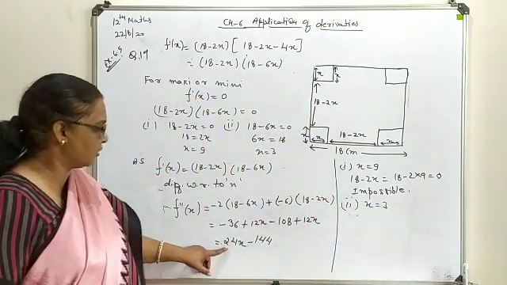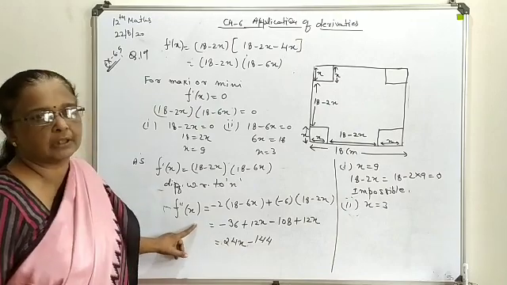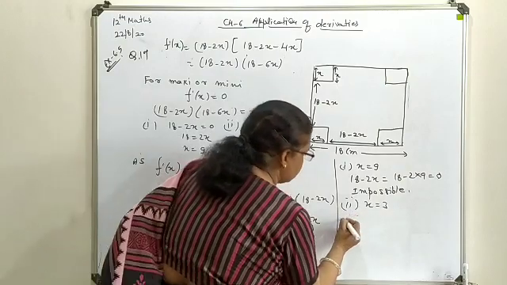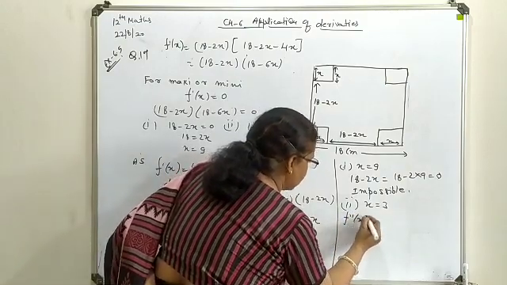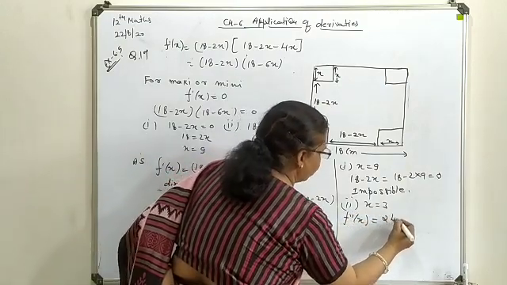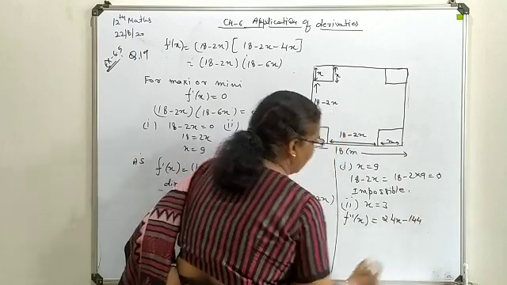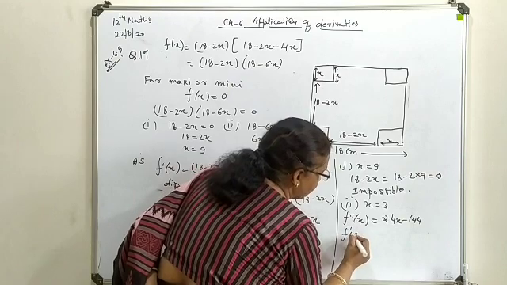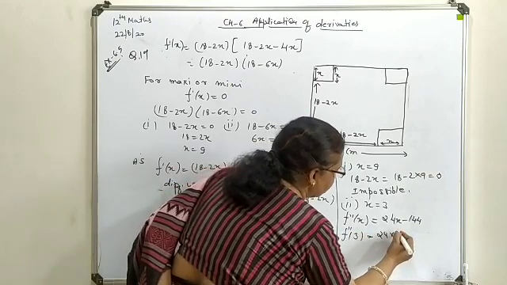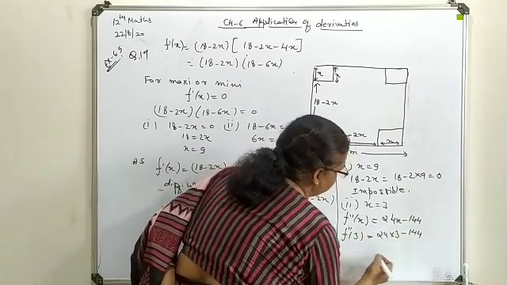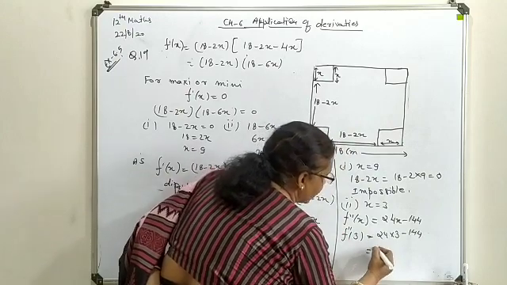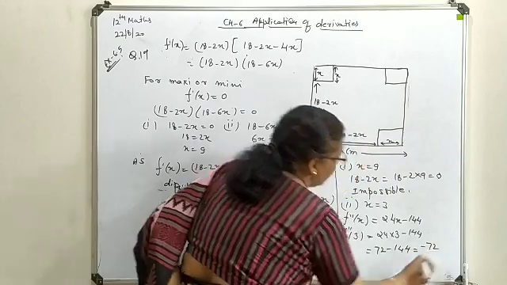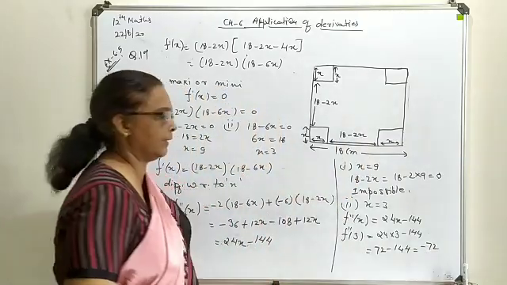Now here on substitution of 3 we will check whether this will give you a positive solution or not. So here f double dash x we have already evaluated as 24 of x minus 144. So at x is equal to 3, this will give you 24 into 3 minus 144. Multiply it. This will be 72 minus 144. Further make them separate. Minus 72 you will get.